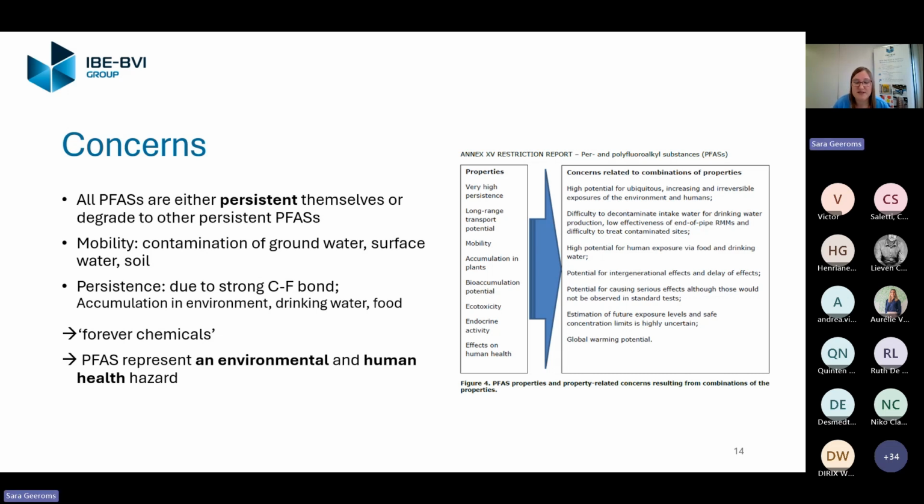The persistence is related to the strong carbon-fluorine bonds and makes that they can accumulate in the environment, drinking water, foods, and even human tissue. That's why they are called forever chemicals. So PFAS represent an environmental and human health hazard.